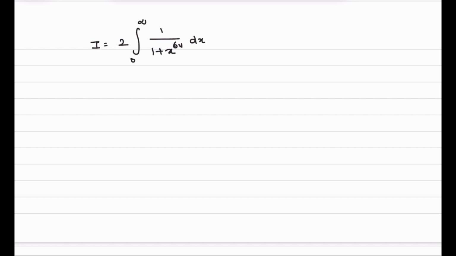The limits will be from 0 to infinity instead of minus infinity to plus infinity.